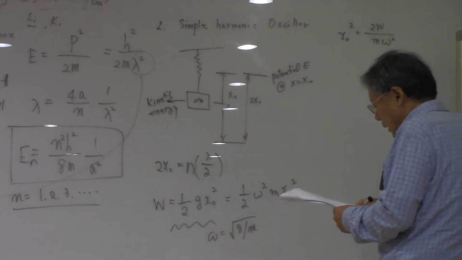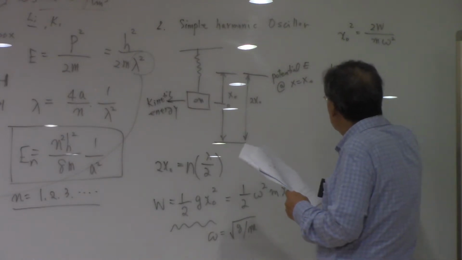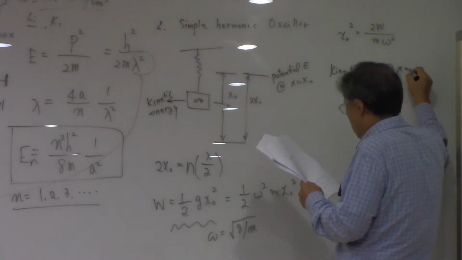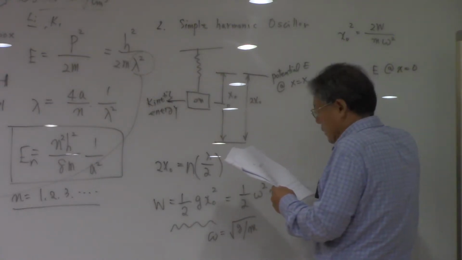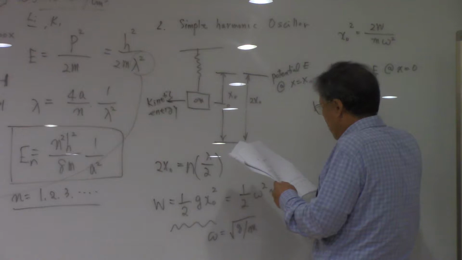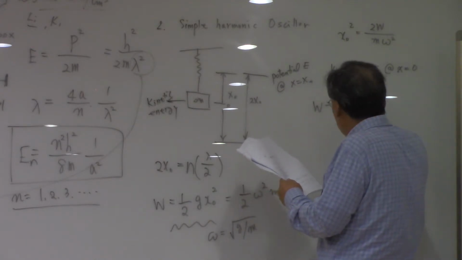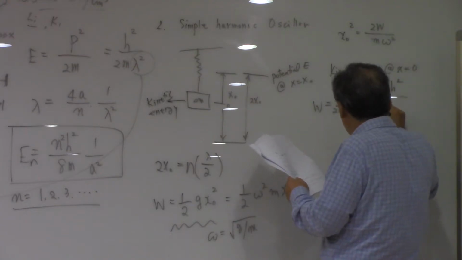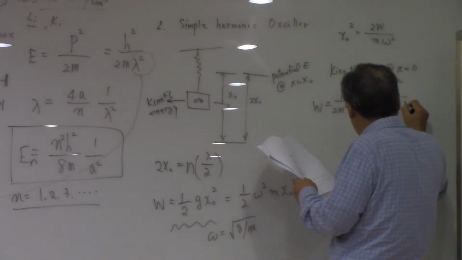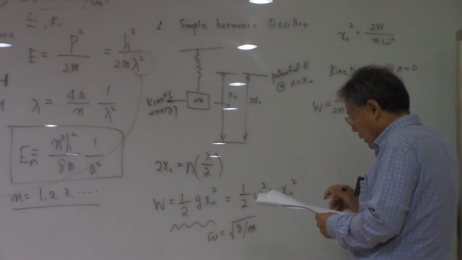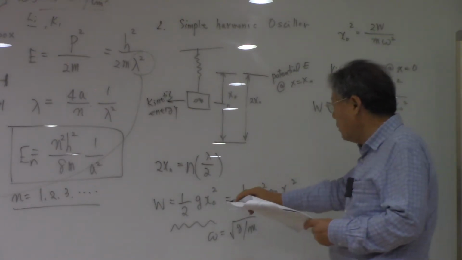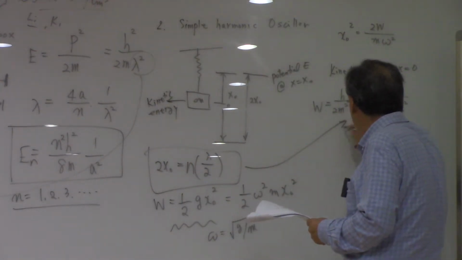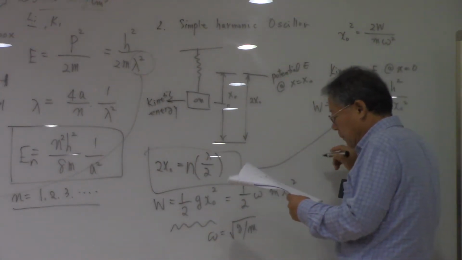All right? And then the kinetic energy at x equal to 0 now becomes h square over 2m lambda square, and then that is n square h square over 32m x naught square. And we have a quantization condition, which is this. So we put that into this equation.